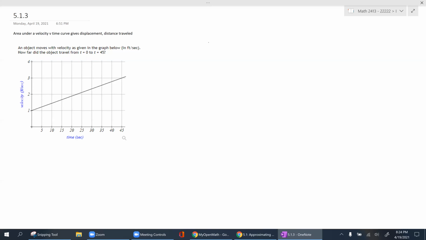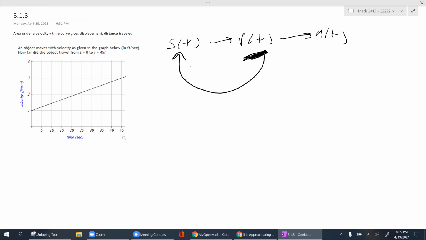If you're given a velocity function versus time, you have this graph here. It's a graph of velocity versus time. If you take the area under that curve, it's going to give you the total displacement, the distance traveled. Remember, there is a correlation between position, velocity, and acceleration. If you take the integral of velocity, it gives you position.